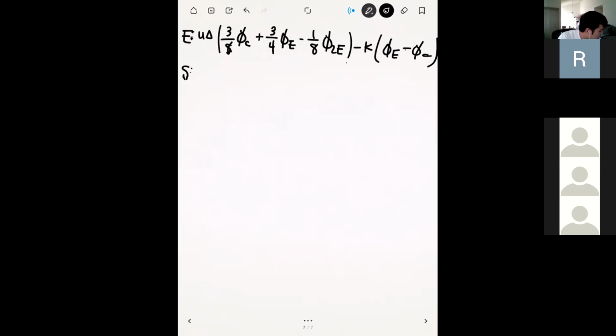So now we have the south integral. For the south, since our v is greater than 0, we're going to choose the first version of the equation that we did before. So that's minus v delta.